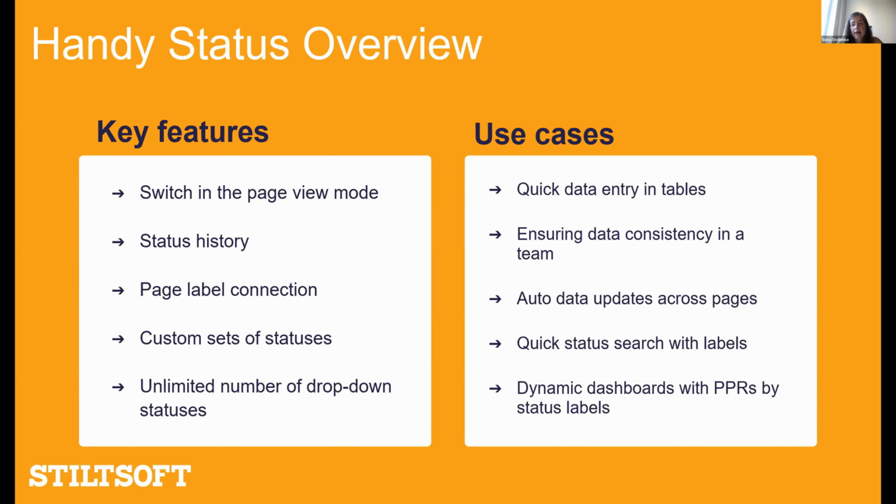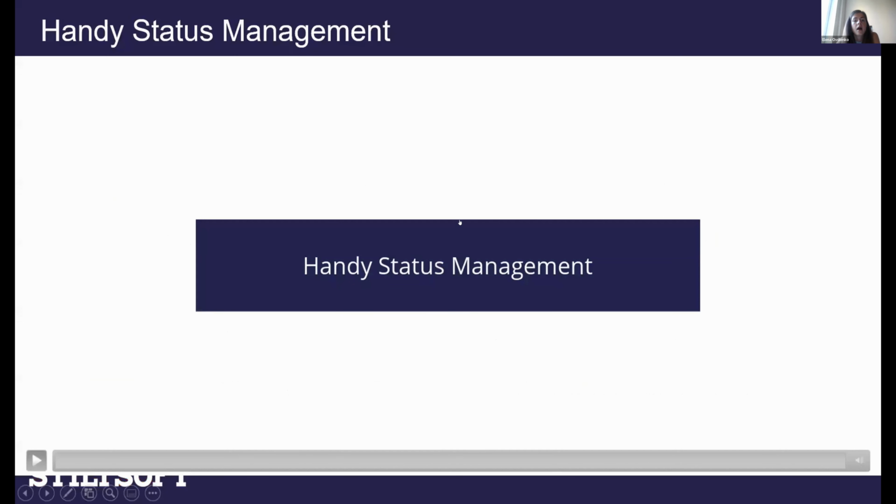You will have your data updated automatically across pages if you use a handy status, for example, inside of page properties or insert macro. You can quickly search for all requirements in a specific status with the help of labels. You just click on the label and find all the pages with this label, and you can create dynamic dashboards with the help of page properties report in combination with status labels.